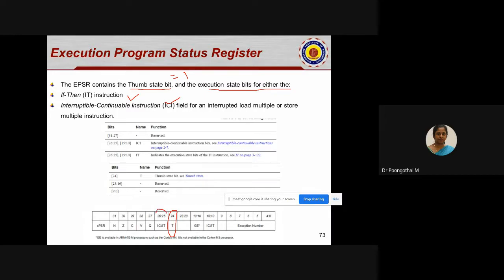Bits 25 to 26 are utilized for if-then, and bits 10 to 15 are utilized for ICI or IT. So the execution program status register reflects 3 statuses: the thumb state bit, the interrupt continuable instruction, and the if-then instruction.